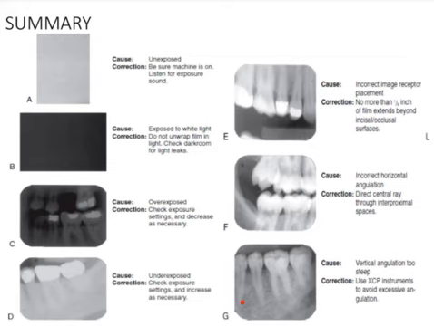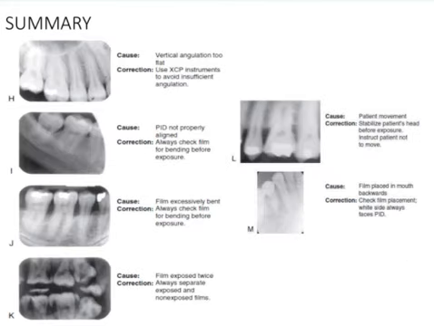Then vertical angulation too steep. That means there is too much vertical angulation. Okay, so avoid that excessive angulation to get a good radiograph. Vertical angulation too flat.